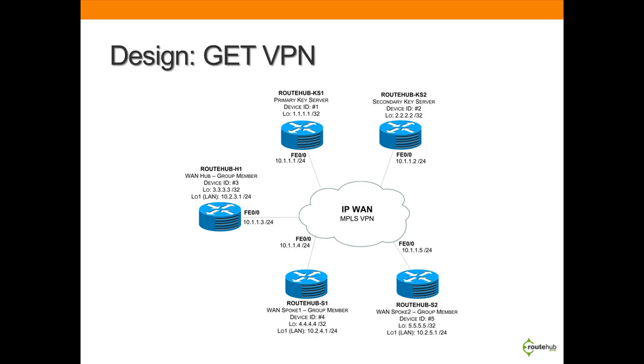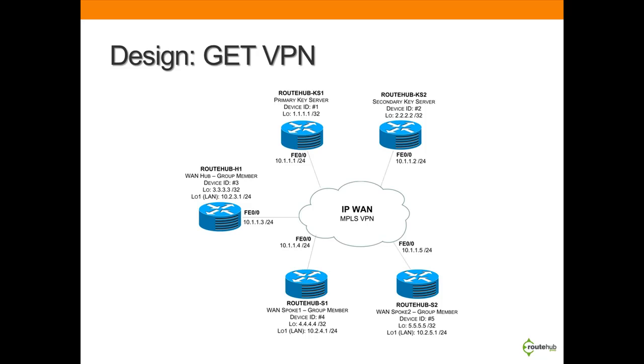We always provide network diagrams with our packages reflecting the solution that will be configured step by step. This network diagram shows a hub and spoke network connecting into an IP WAN provider, utilizing Ethernet over MPLS or even VPLS. We have added two key server routers for redundancy purposes, and the key server routers also provide key distribution and security policy pushes for the hub and spoke routers enabled for our GET VPN.